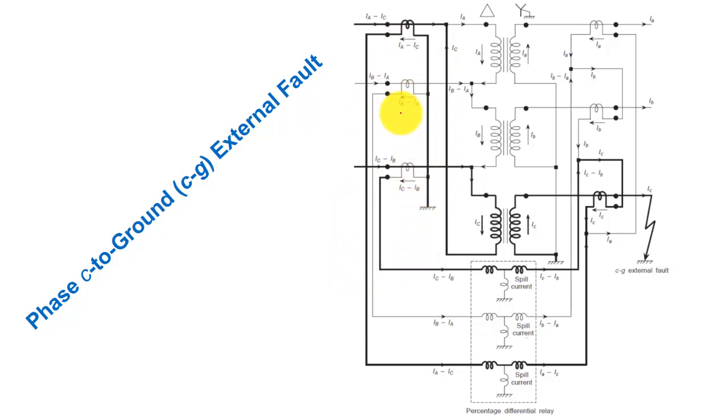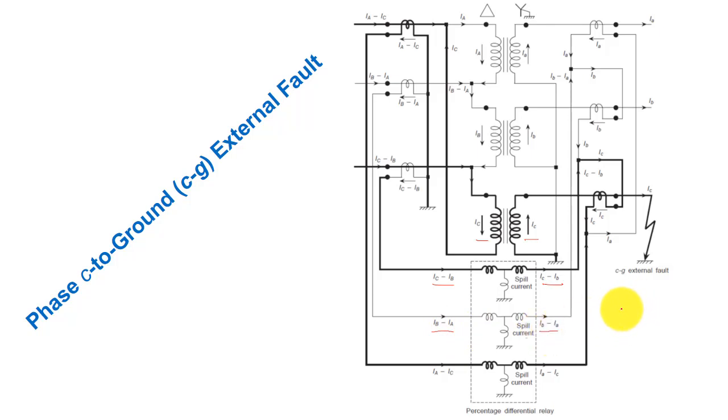Therefore the current in the CT also changes based on the reflection of the secondary side current in the primary side. So here the current will become IC minus IB, and here also IC minus IB, and in the second line it will be IB minus IA.